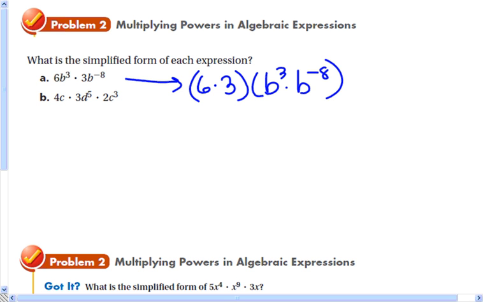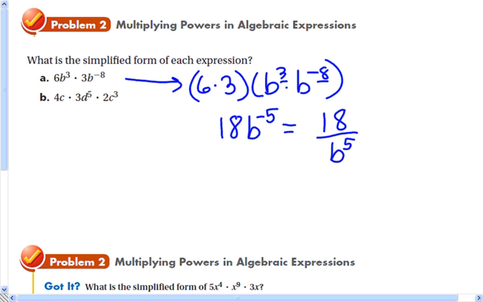And then I get 6 times 3 is 18, and then I'm going to use that rule, b to the third, multiplying by b 3 times, and then dividing by b 8 times is the same as dividing by b 5 times. And the way I would show that is 18, and then 1 divided by b 5 times, with this simplified.